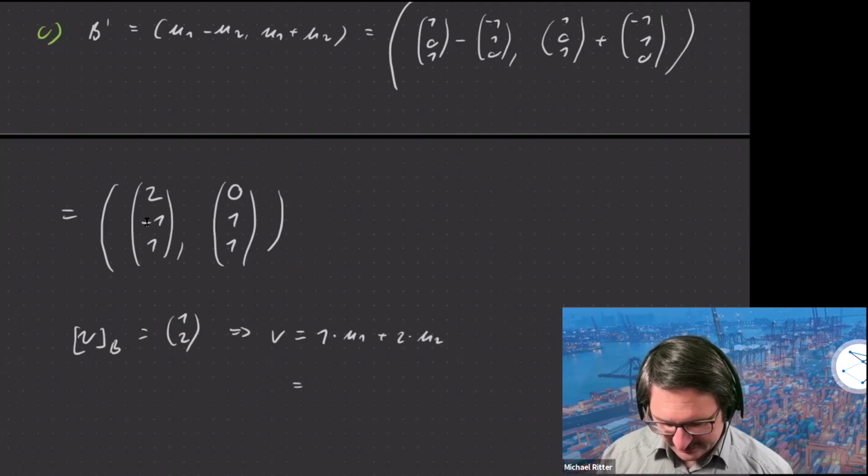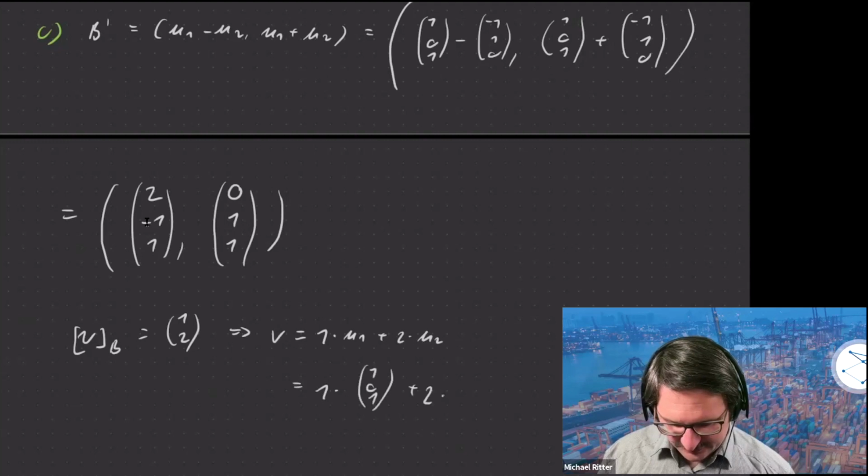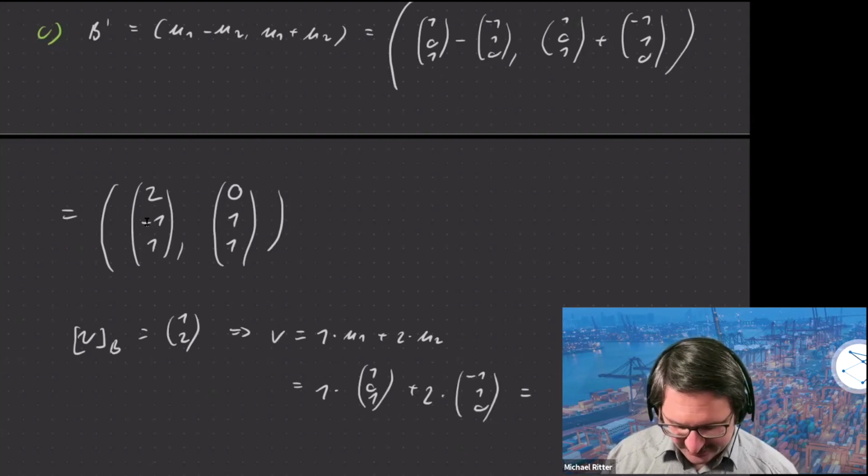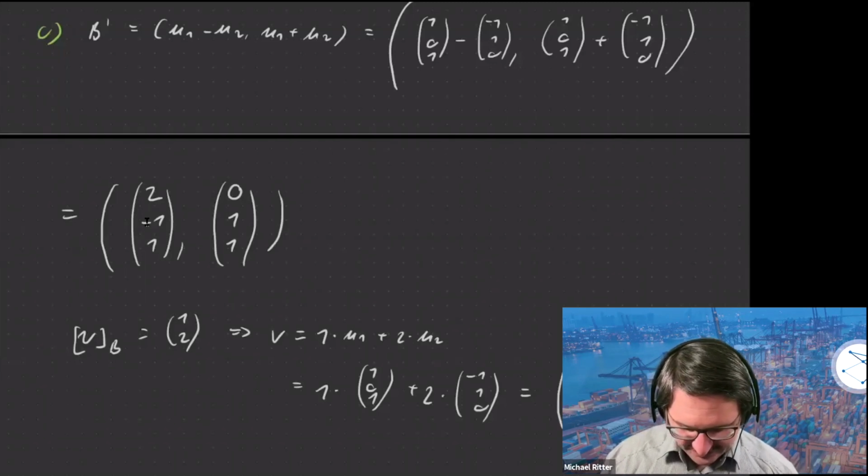So we get 1 times 1, 0, 1 plus 2 times minus 1, 1, 0. So we have, let's see, 1 minus 2 is minus 1, 1 plus 2 is 3, and 1 plus 0 is 1. So that's the actual vector V.